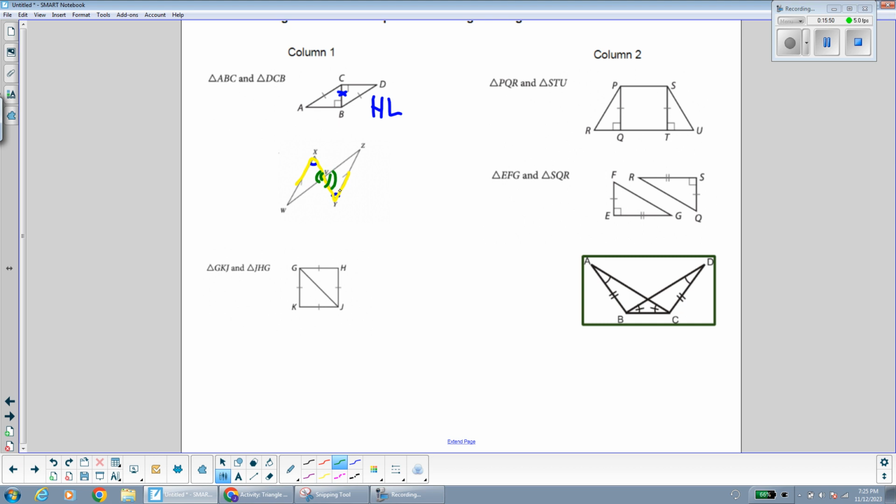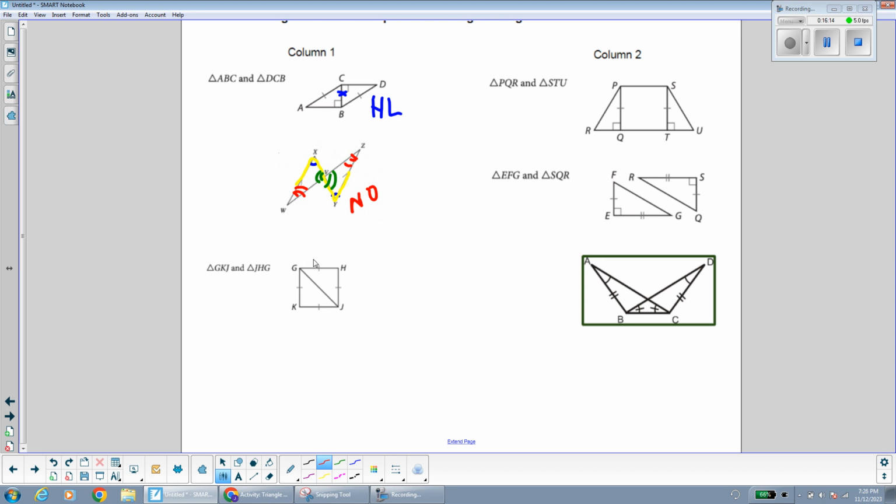And we have vertical angles, which are always congruent. The only other thing we have is another pair of alternate interior angles. We don't have any sides. AAA is not a valid method of proving triangles congruent. So no, the triangles are not congruent here because we don't have a side. All of the methods include a side.